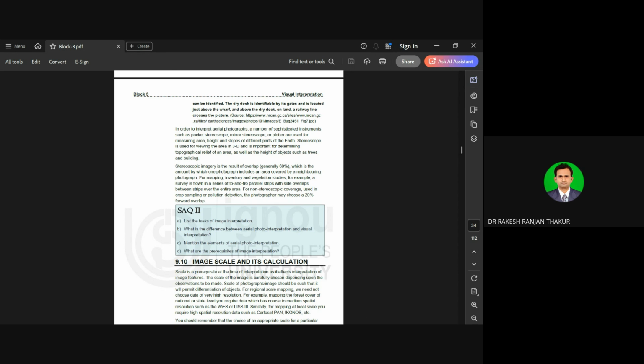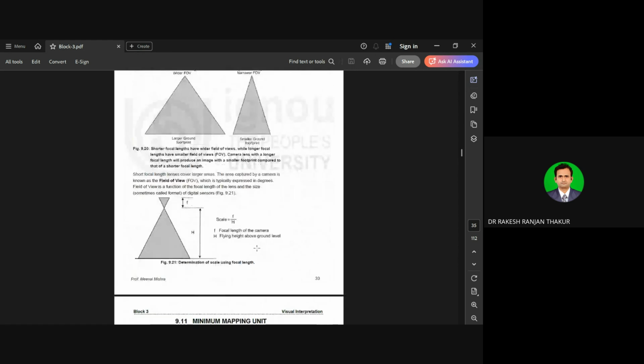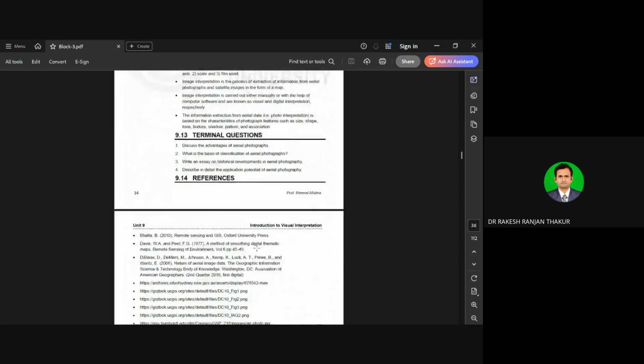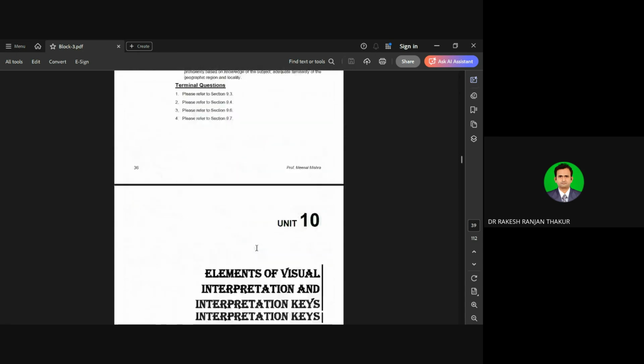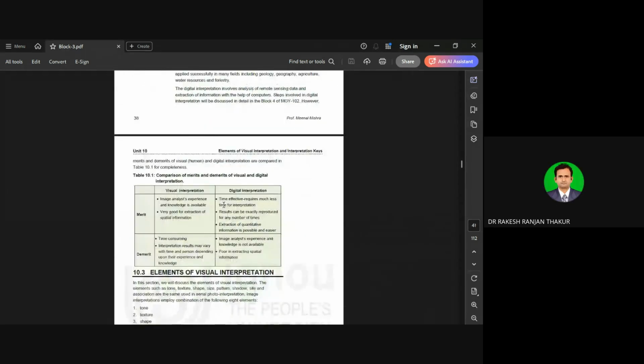Okay, next I think we should go forward for the next one. Here are the image elements of visual interpretation and interpretation keys, whatever we have discussed.